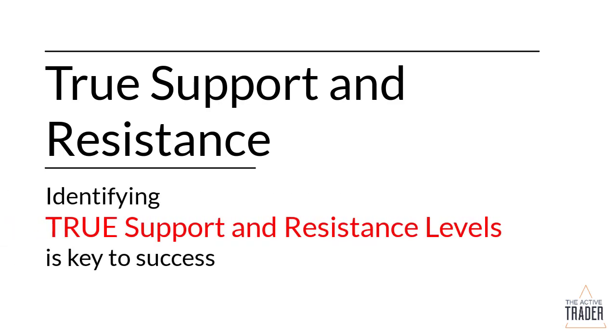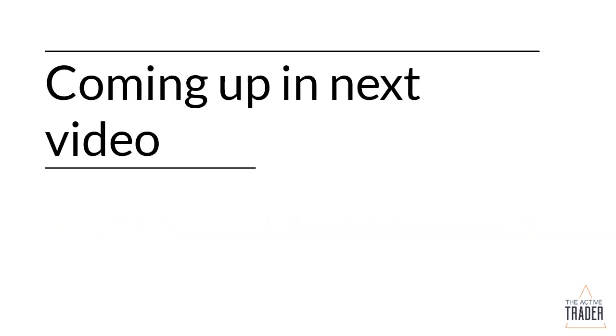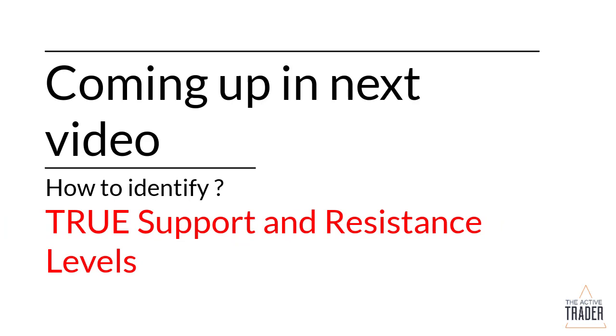Looking at any chart, one can draw many support and resistance levels. Identifying these true support and resistance levels is the key to success. In our next video of this series, we will take a look at how to identify these true support and resistance levels and what are the rules or guidelines one must follow to identify them.